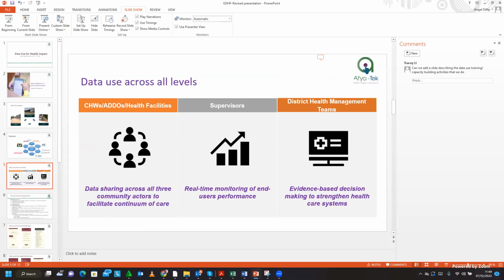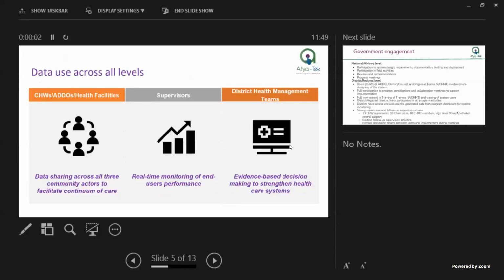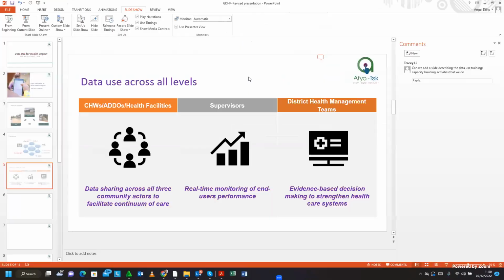There's show task and display settings at the top of your slides. Okay, so I think we'll have to bear with the size of your screen at the moment, and we can proceed with what we have so far. Okay, sorry for that.